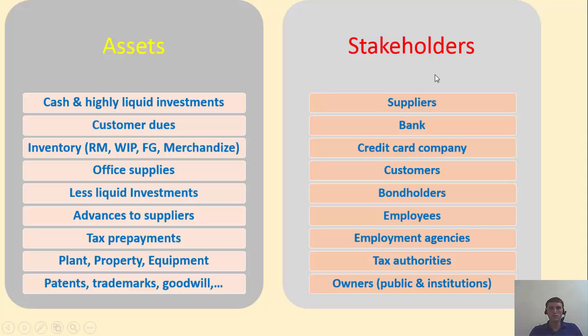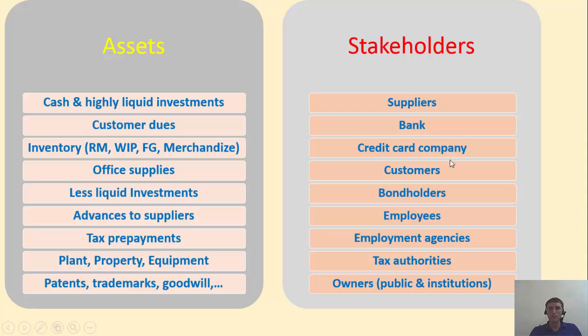So who are these stakeholders? Again, if a firm liquidates, then you would expect that the suppliers would have a claim on some of the value of these assets. The suppliers who have extended credit to the firm, who have supplied goods and services and haven't been paid yet. The bank that has extended credit to the firm would also have a claim on the assets of the firm.